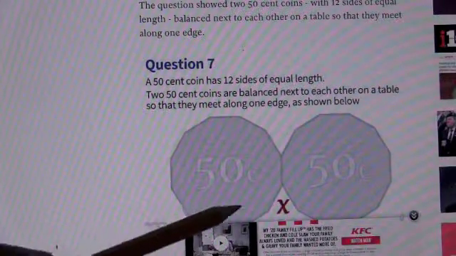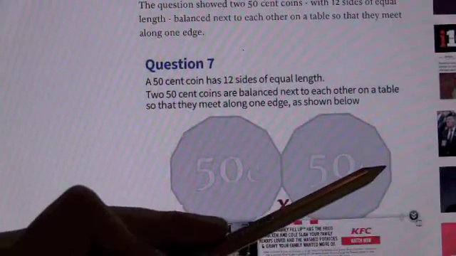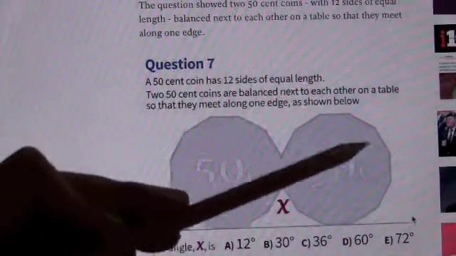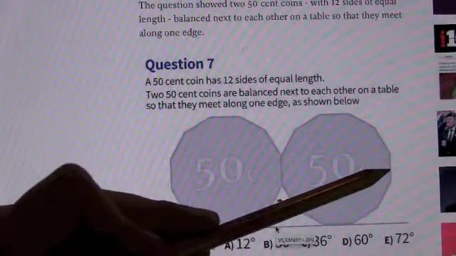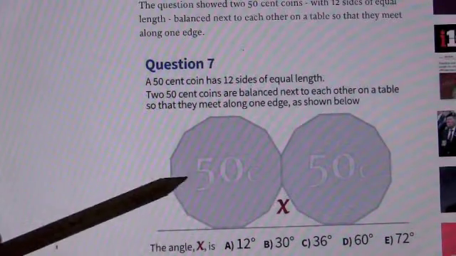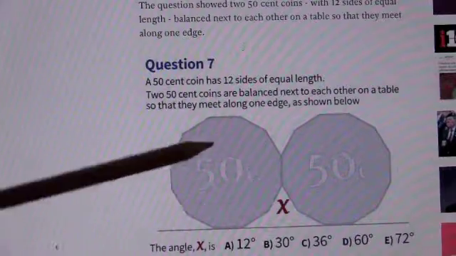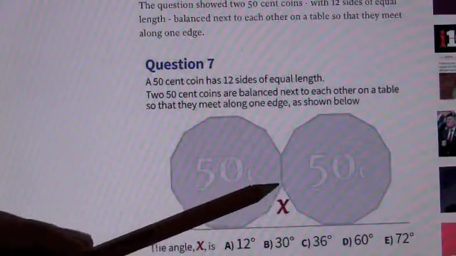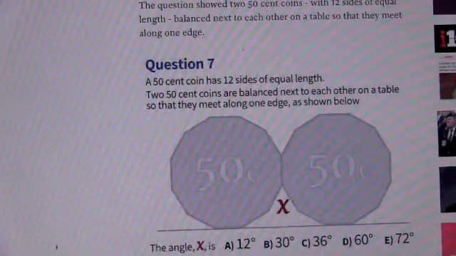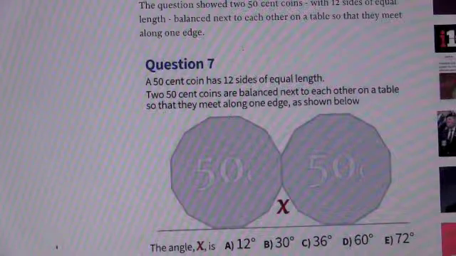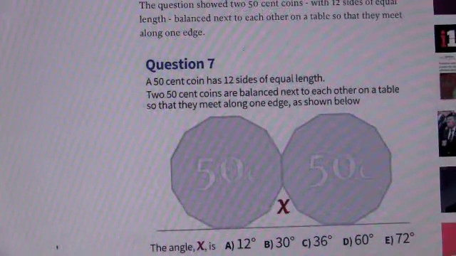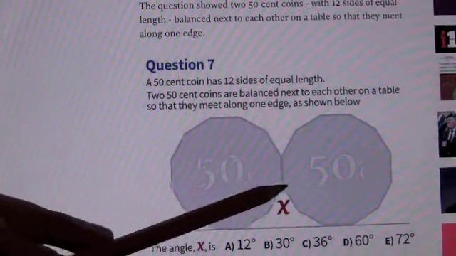If you can imagine drawing a straight line from here across, angles on a straight line sum up to 180. Actually, would that work? These two angles are 150.